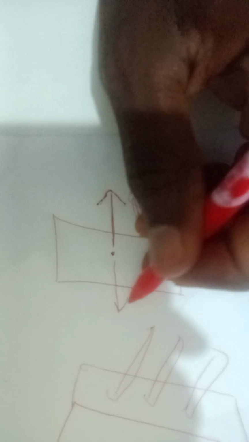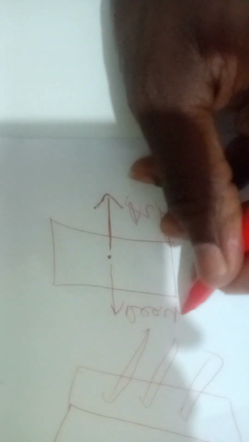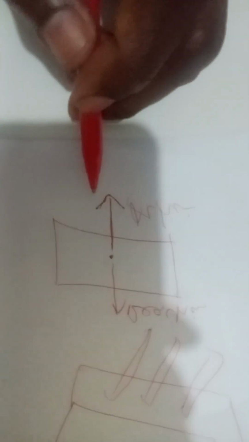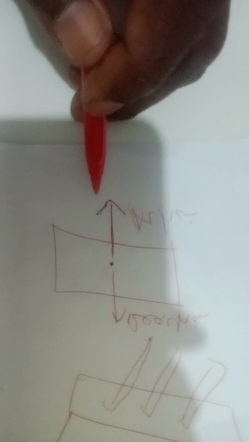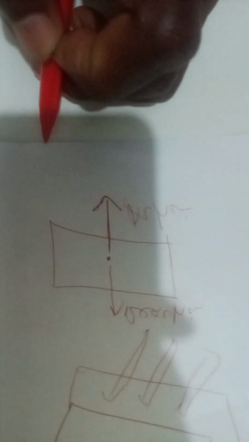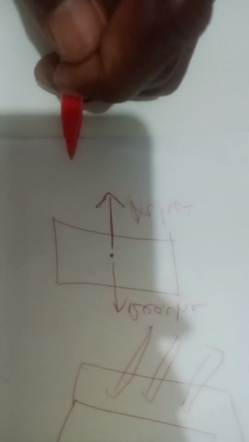Downward is called action, then from the center going upwards is called reaction. We are asked for any forces: one is action, then reaction. It was not moving, so we cannot talk about friction. Thank you very much. We go to the next question, part B.